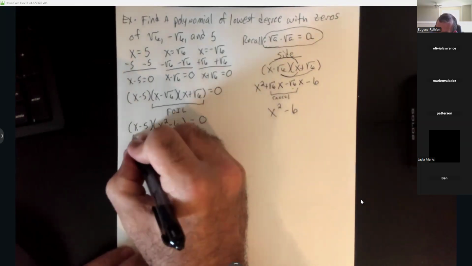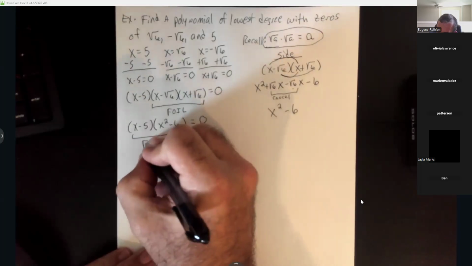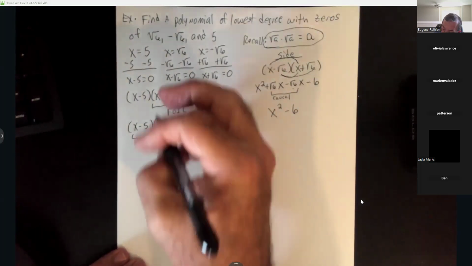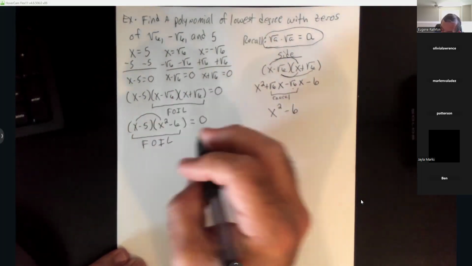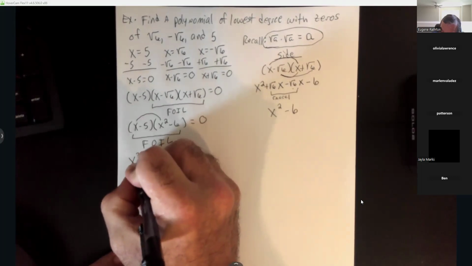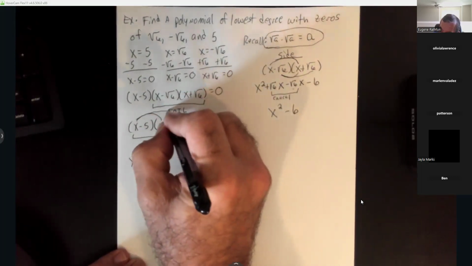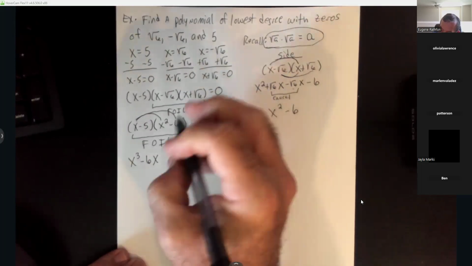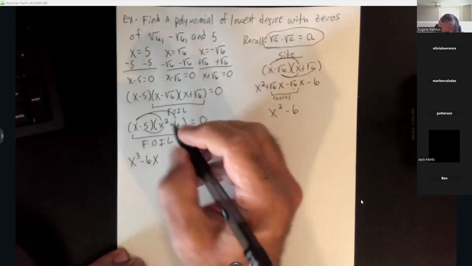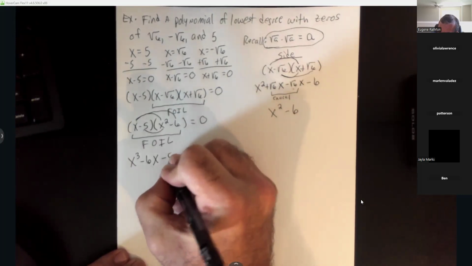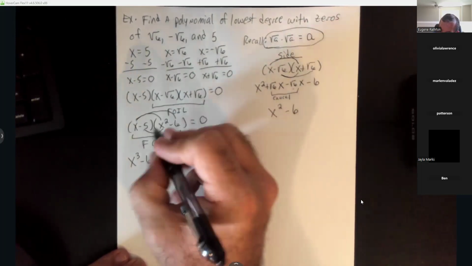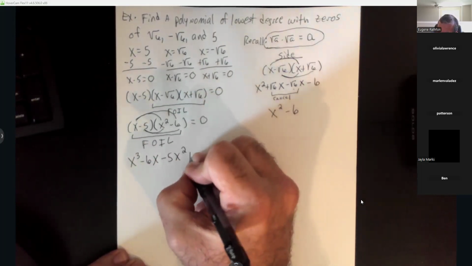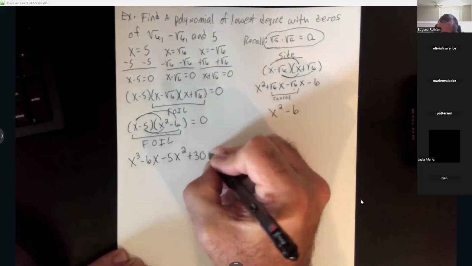So now 2 things times 2. We can FOIL this and be done. So x times x squared is an x cubed. X times negative 6 is a negative 6x. Negative 5 times x squared is a negative 5x squared. And then negative 5 times negative 6 is a positive 30.